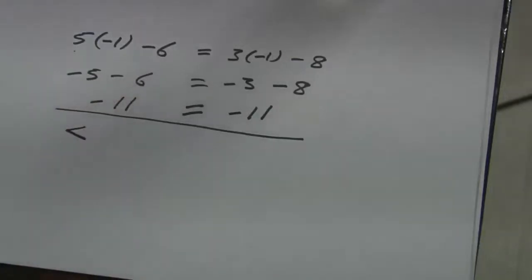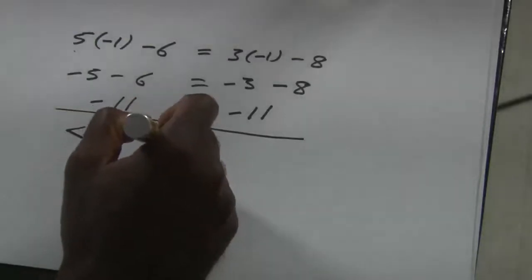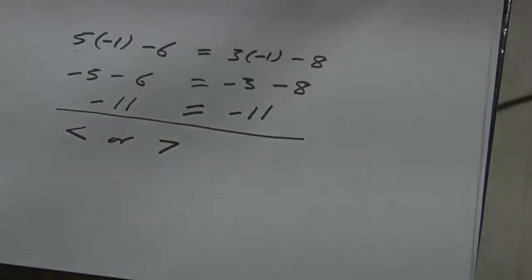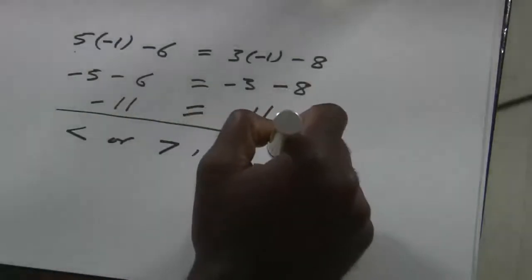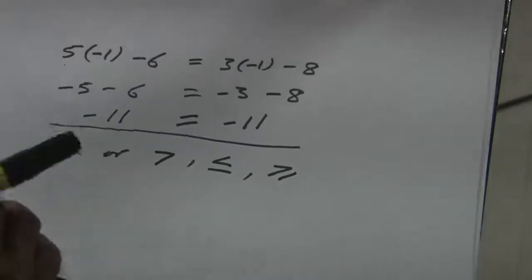Signs of that form, that is a less than sign, or a greater than sign, or a less than or equal to sign, or a greater than or equal to sign. But the idea is the same, that you still want to find values of x for which the inequality is satisfied.